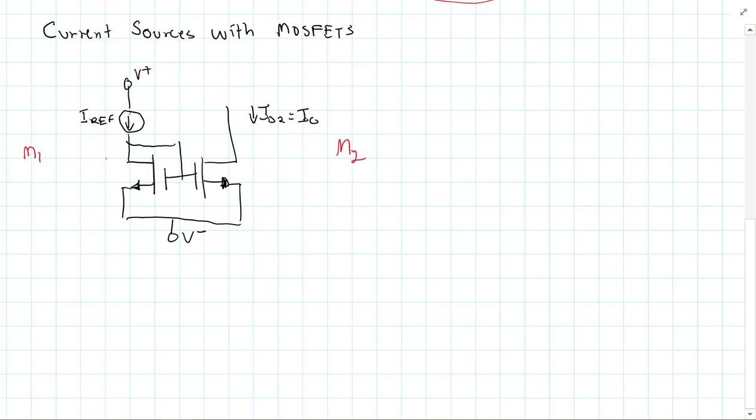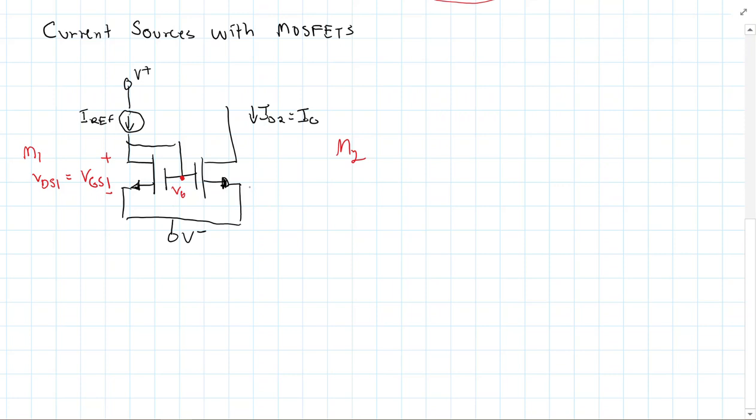Okay, so we have a voltage here, and this is VDS1. But if I think about this just for a second, just like with a bipolar device, because we're shorting the drain and gate together, that's going to be the same thing as VGS1. Now, the other thing we should look at here is that this is a gate voltage, I'll say VG, and obviously the two transistors are tied together, and just like we did with bipolars, we're going to assume the transistors are matched, and so that voltage is the same.